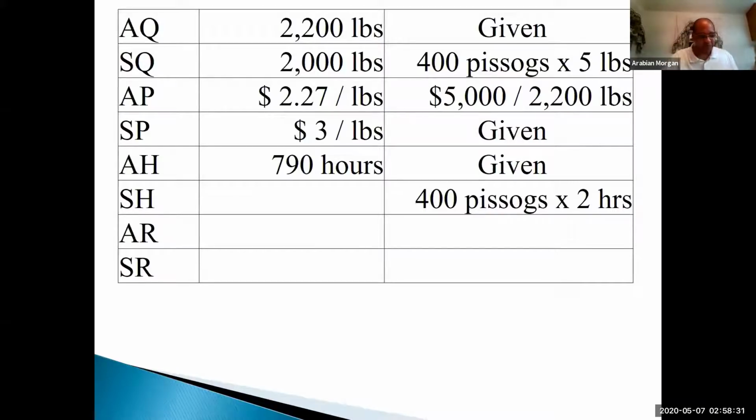If you look in the second bullet point, it says direct labor, 2 hours is the standard, 2 hours to make 1 Paizoji. So we multiply that times 400 Paizojis, and we get 800 hours. All right. Questions on this, please?